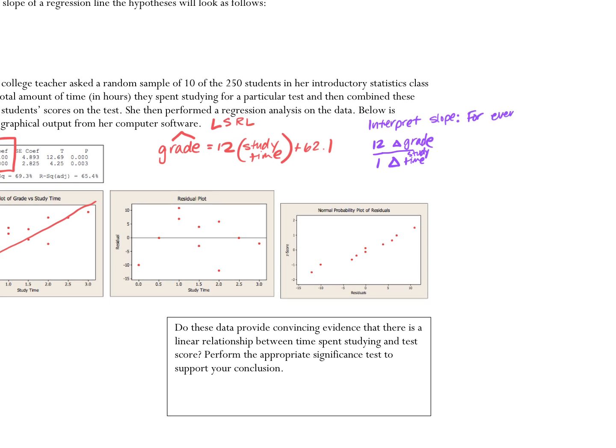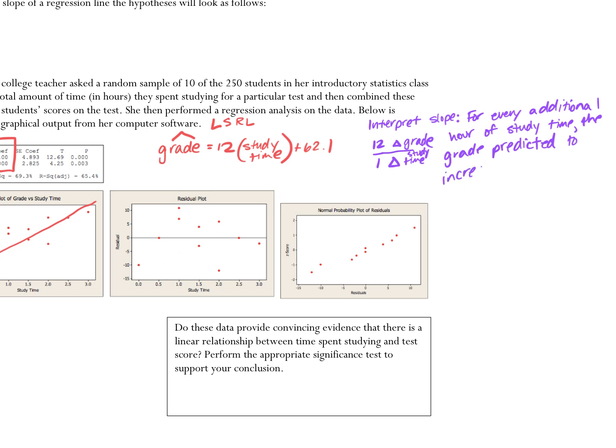For every additional hour of study time, the grade is predicted to increase by 12.